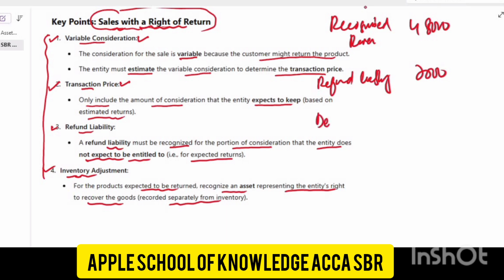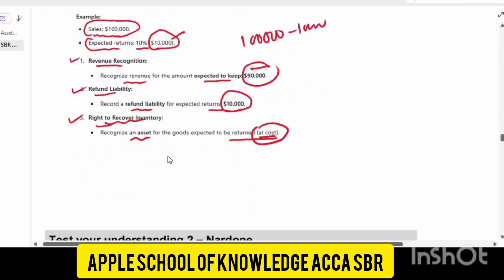We have de-recognized the inventory with 9,200, and then we have also recognized return asset with 800. And this question is all about that. Clear?